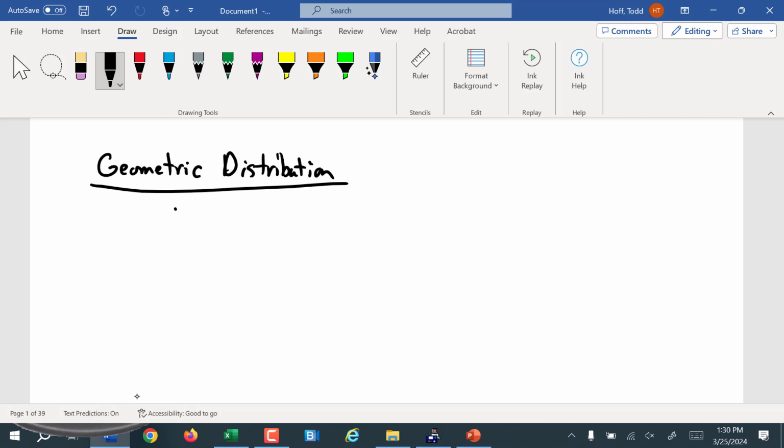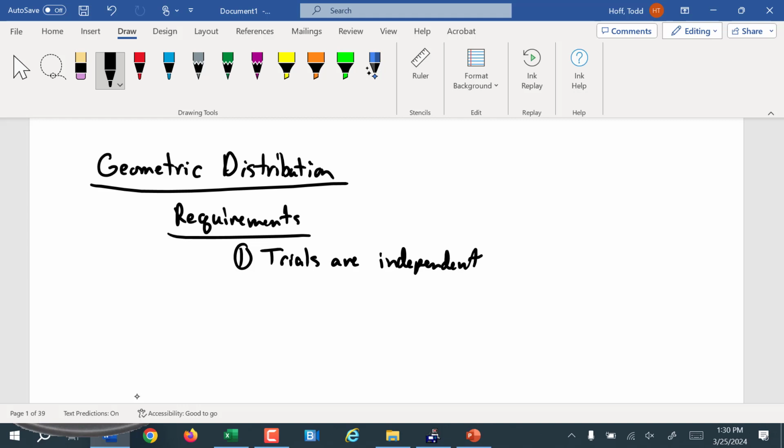So it has all the requirements of the binomial distribution except for having a set number of trials. The trials are still independent. So the result of one trial does not affect the result of the next. Every trial is either a success or a failure.